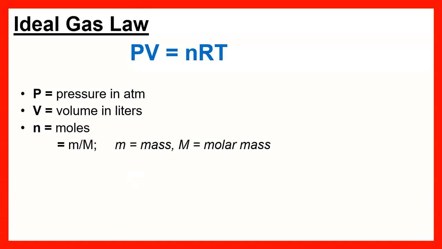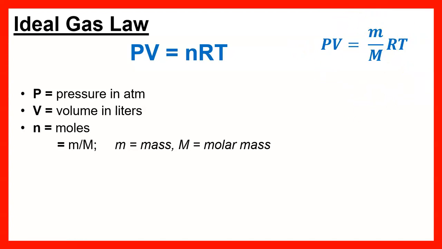That allows you to manipulate this equation a little bit. If you know how much stuff you have and you know the molar mass, you can calculate your moles. Or maybe they gave you all of the values and you're trying to figure out what the molar mass of the substance is. So a handy rearrangement.